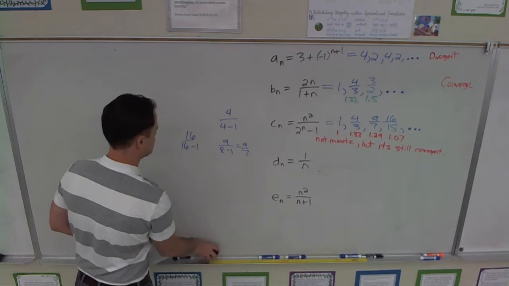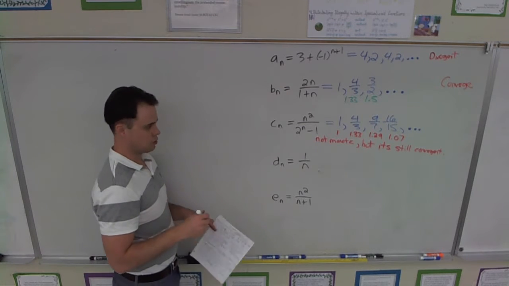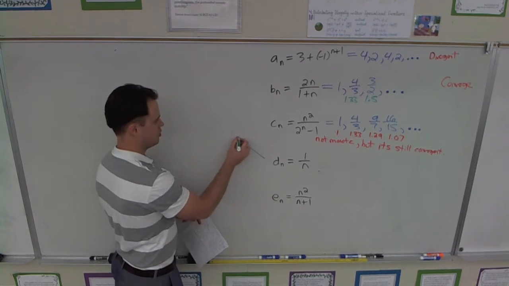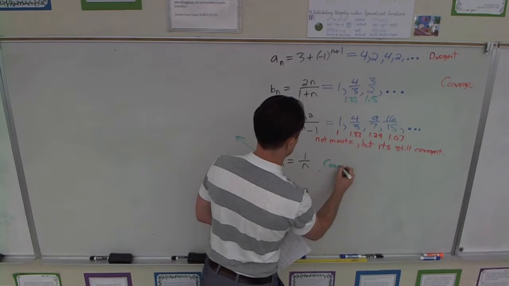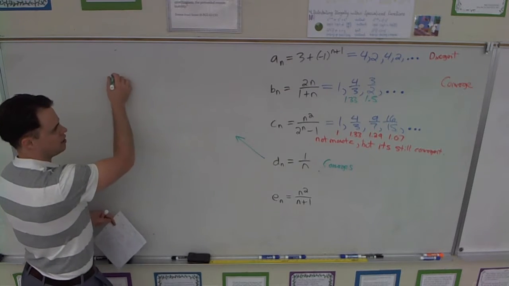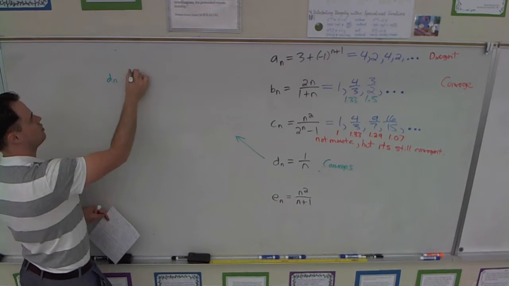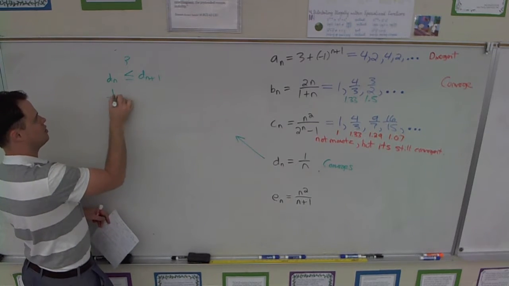Anyway, how about d sub n? Clearly the limit goes to 0. Let's show that it's convergent with the tool. 1/4, 1/6. That's pretty clear, so let's write it out as an inequality. Is d sub n less than d sub n plus 1? Well, d sub n is this.